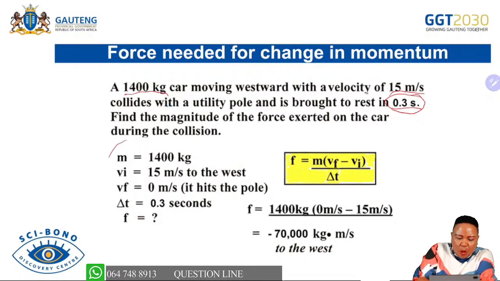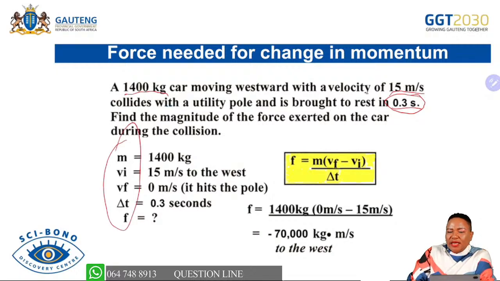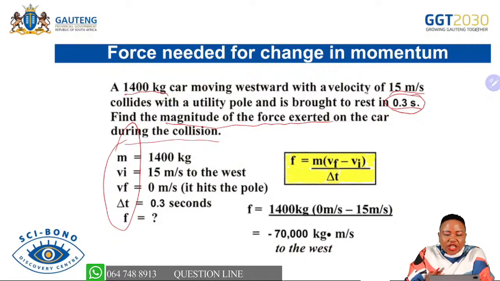So here is our data. This is what we want you to do always when you are dealing with each and every topic, especially when you are dealing with calculations. So they say here, find the magnitude of the force exerted on the car during the collision. So that is what the question is all about.